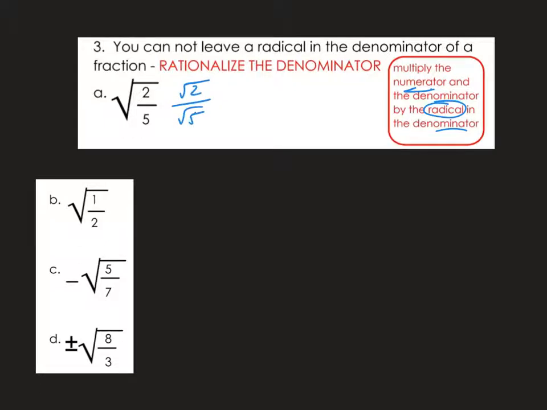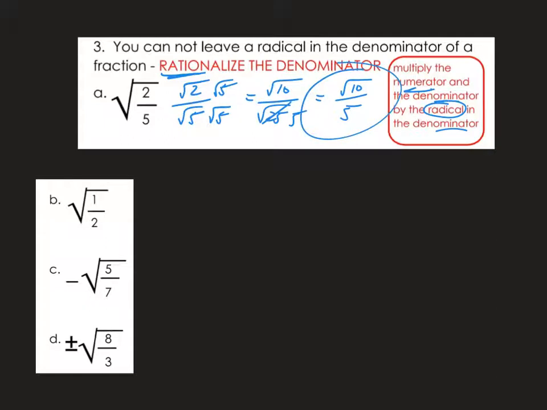The problem is 5 isn't a perfect square, so I'm going to multiply by the radical in the denominator. The square root of 5 is an irrational number, and we land with rad 10 on the top, rad 25 on the bottom, which simplifies to 5. Now 5 is a rational number, hence the term rationalizing the denominator. So we're left with rad 10 over 5.